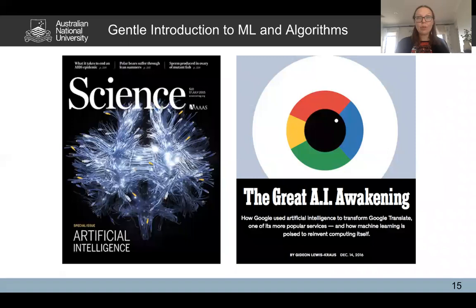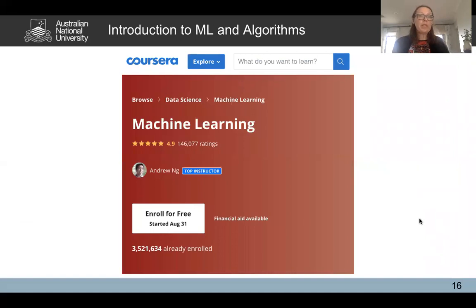If you want to get more, there are two really nice special issues of journals out there. So one by Science, and the other one is called The Great AI Awakening. These are from 2015 and 16. There's a very famous course from Stanford, a MOOC, on Coursera, so massive open online course.